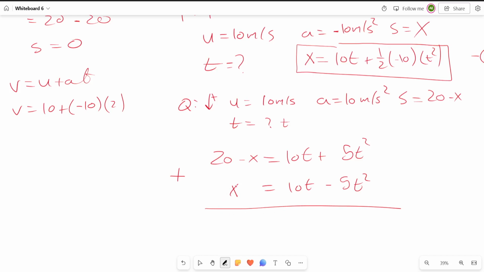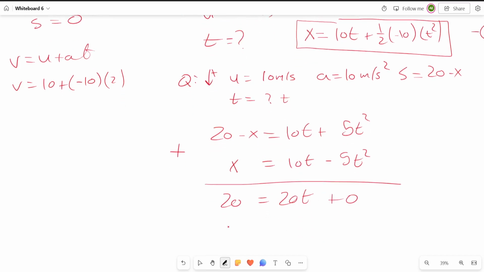Feel free to use whatever you want. I will add these two together. So 20 minus x plus x, these two are going to cancel. So basically, I'll have 20 equals 10t plus 10t is 20t, and then I have a positive 5t squared plus negative 5t squared, which is 0. So this is super easy.